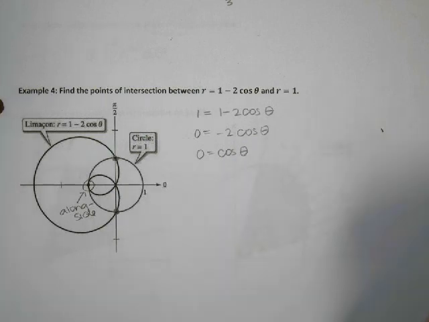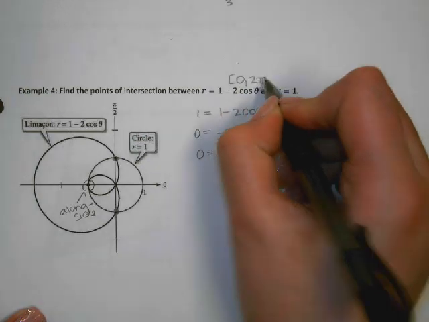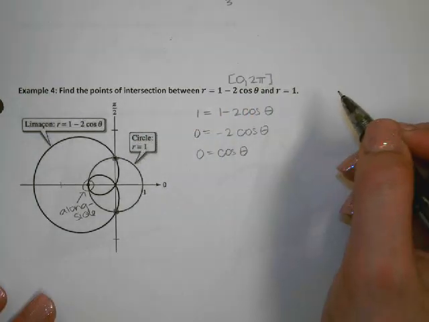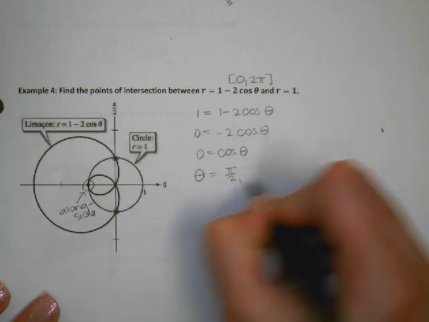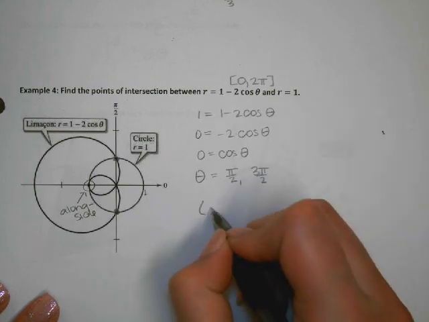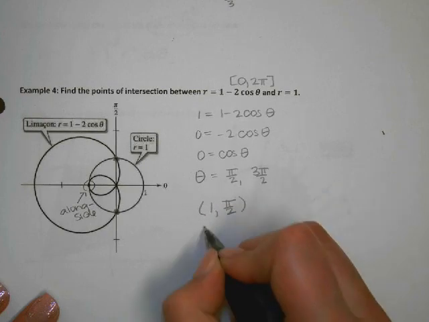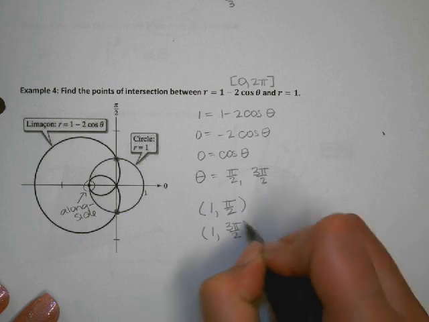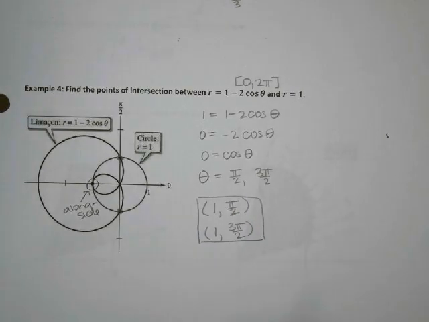And now I'm going to think about where on the unit circle, because I know this has an interval from 0 to 2 pi, is there an x-coordinate of 0, and that happens in 2 spots. That's at pi halves and 3 pi halves. And I already knew the r value was 1, so the points are r value of 1, theta value of pi halves, and r value of 1, theta value of 3 pi halves. And you can tell just by looking at the picture that's what it was, but they won't always be quite that nice.